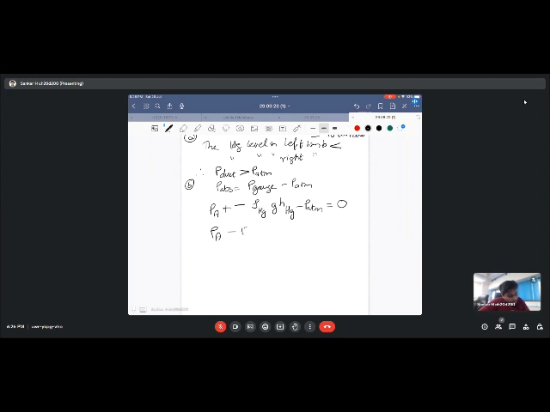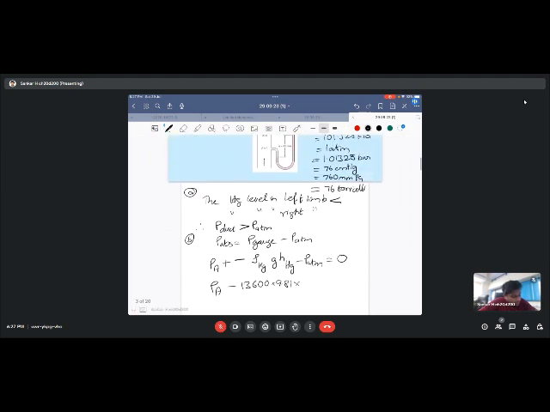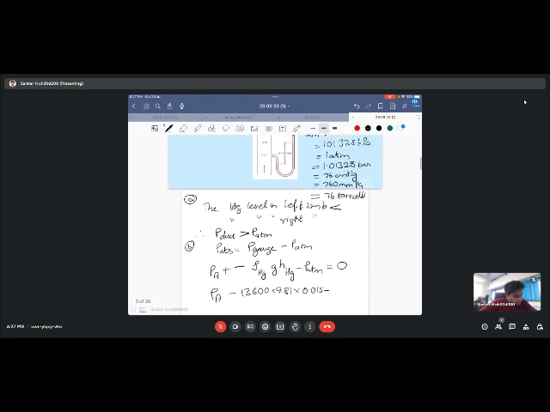So we can write PA minus 13,600 times 9.81 times Hg, which is 15 millimeter. In SI units it will be 0.015 meter, minus the atmospheric pressure, that is 101,325 Pascal.